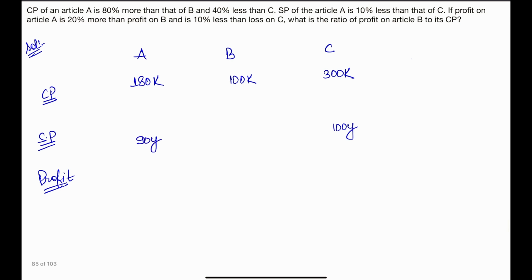If profit on article A is 20% more than profit on B, so profit on A is 20% more than profit on B. So here let's take 100z.